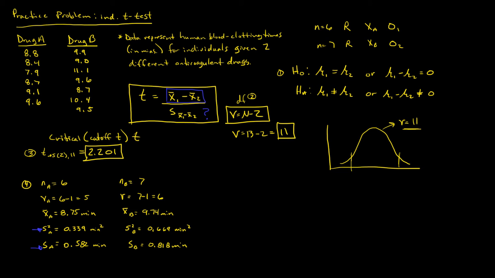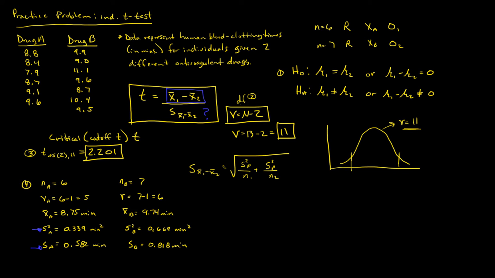Well, if you remember your formula here, we said that this term, the standard error of the difference between the means, is equal to the square root of the pooled variance divided by the sample size or the total size of group 1, and this pooled variance term again divided by the size of group 2.